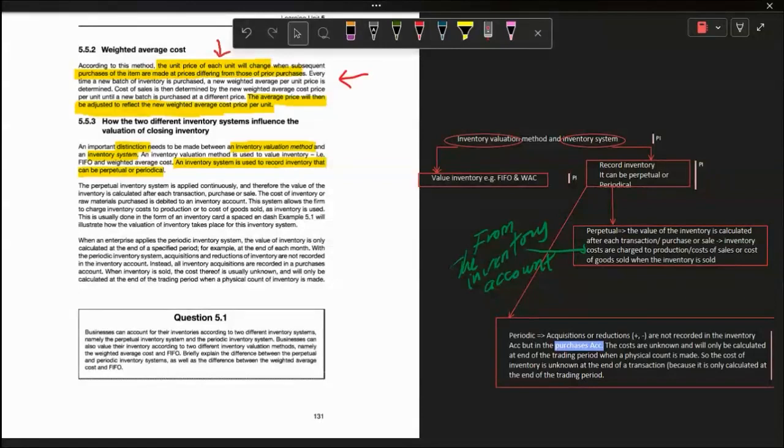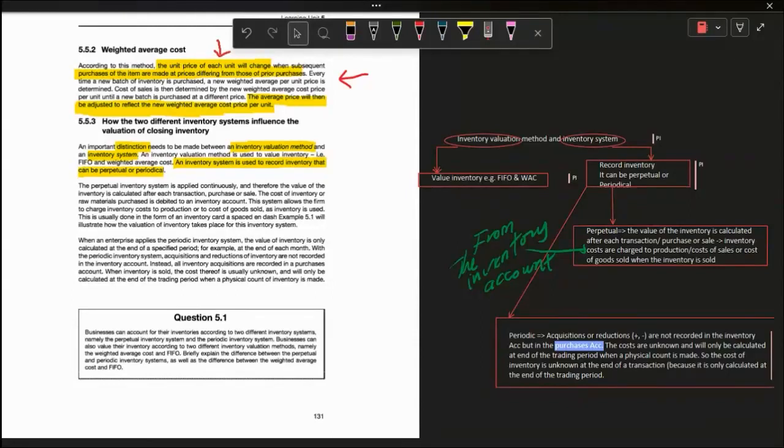Okay, so this is basically a little bit of your accounting. We have two different systems and two different valuation methods. There is one valuation method where whatever comes in first is what needs to go out first.